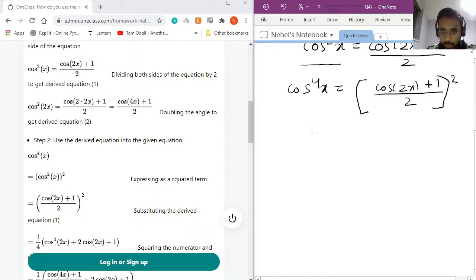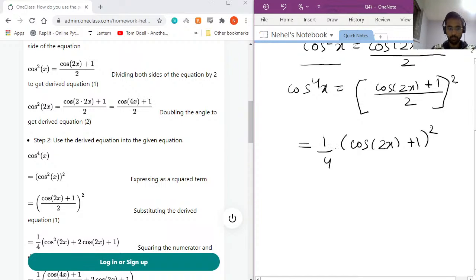Now just coming down a bit, I'm not going to write the left hand side. We can say that this would be 1 over 4 times cos 2x plus 1 squared.